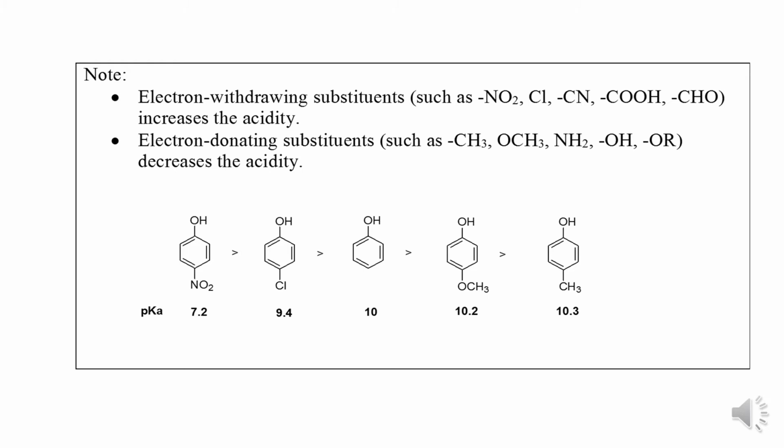Electron donating substituents normally decrease the acidity, such as CH3, OCH3, NH2, OH, OR.